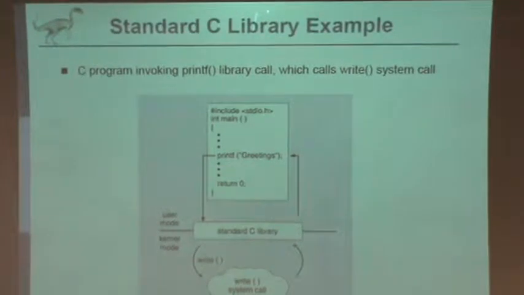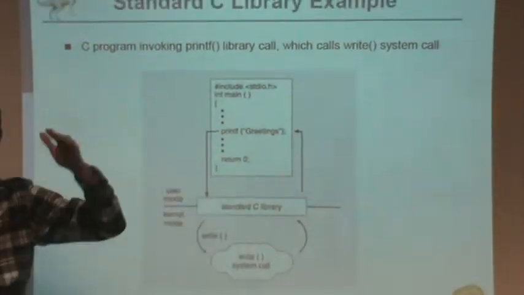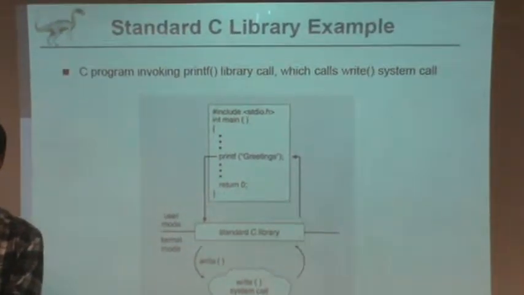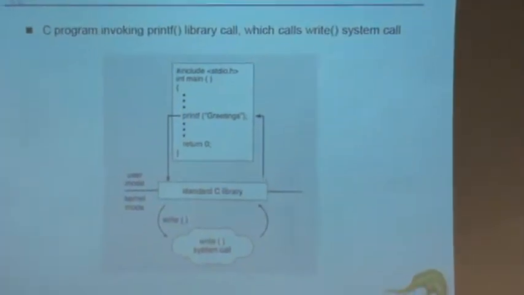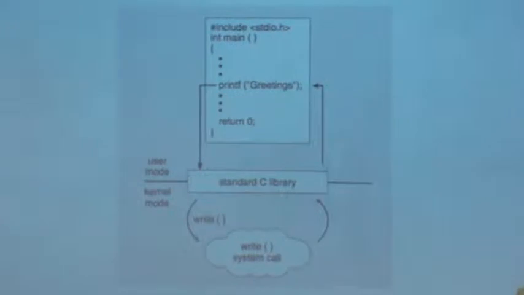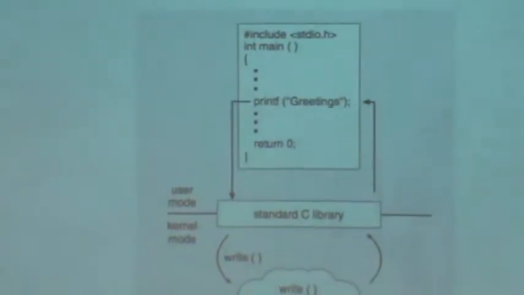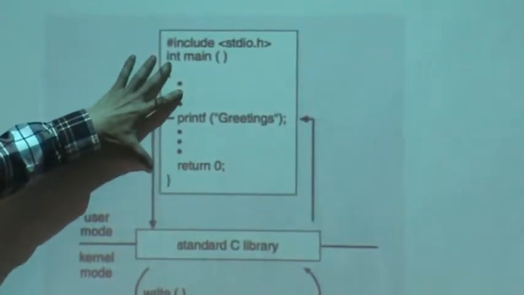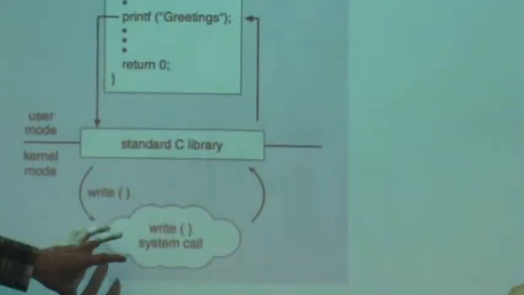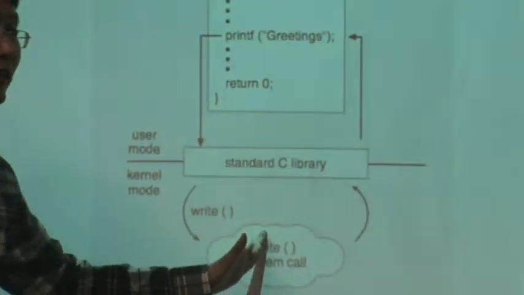This slide shows what happens when you use printf. Printf displays your data. At that time, this is how the system call is executed: it uses the write system call. This part is a user mode application program, and this is kernel mode. The kernel will actually execute the system call, that is write.